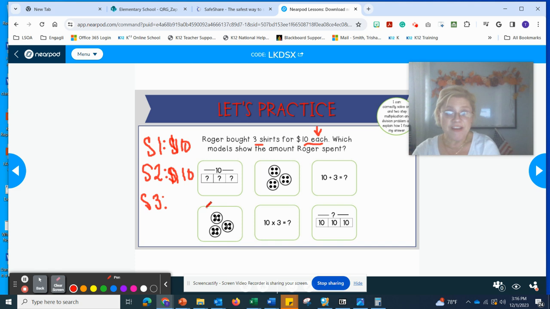It's $50. No, it's only $10 because each shirt is $10. So what else do we need to know? We need to know what our question is. And the question is, which models, there's an S at the end of that word, so it means there's more than one model. Which models show the amount Roger spent?